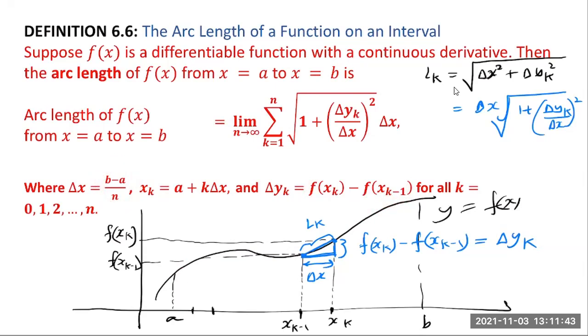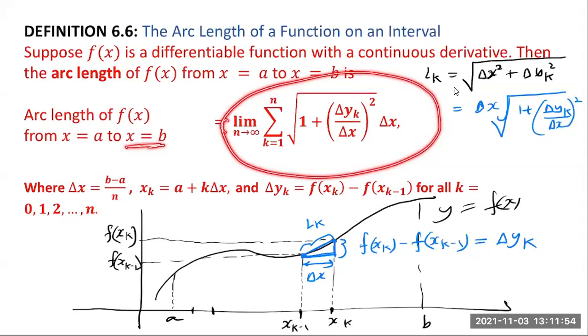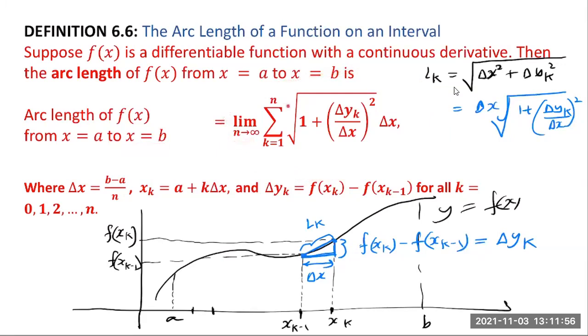All right, so we have this definition. So the arc length of f of x from x equals a to x equals b is given by this formula: the limit as n goes to infinity of the summation of this expression.